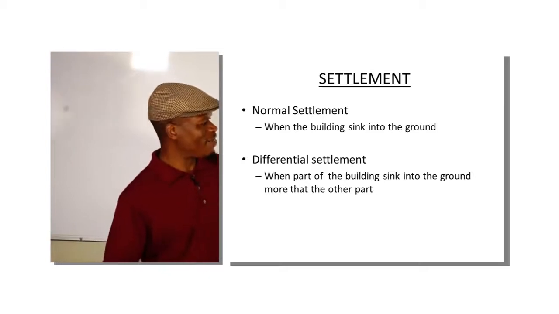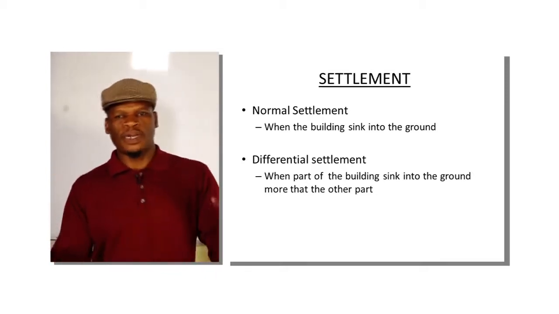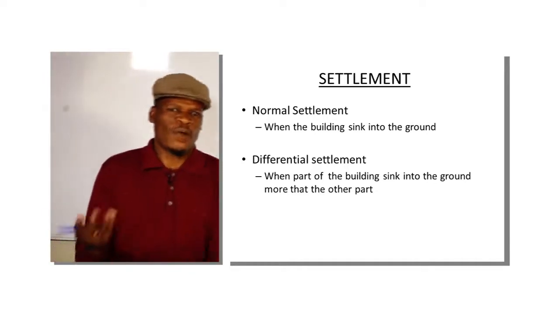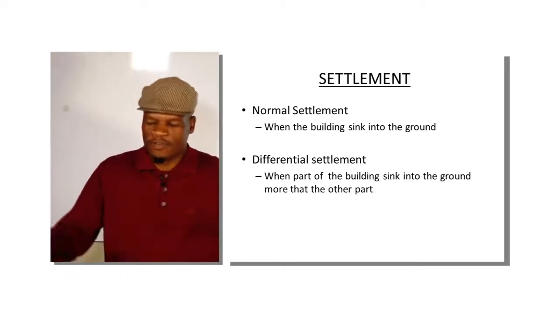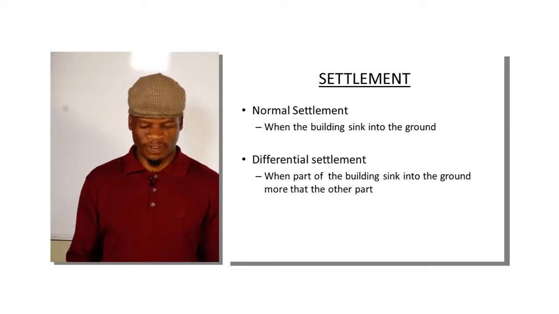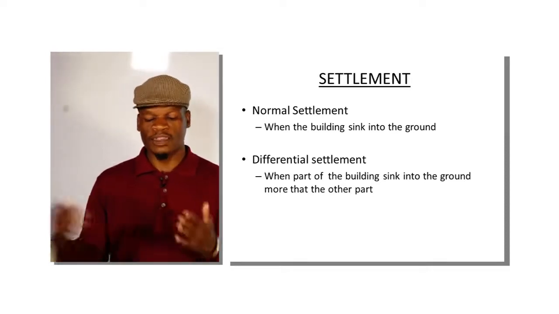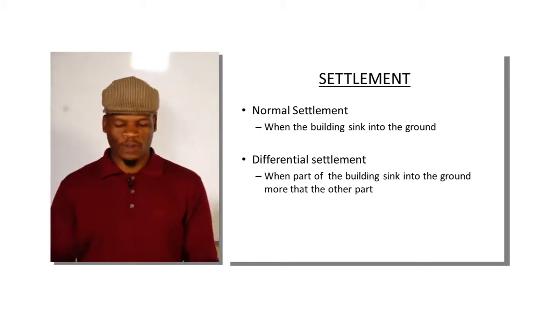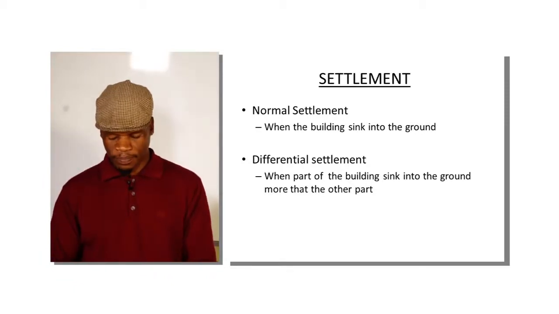Differential settlement is when one part of the building is sinking more compared to the other part. That might happen because the type of soil on the ground where the building was constructed was not exactly the same. If you have that problem, where there is weak soil, the soil is going to undergo a lot of compaction, and that is going to result in the structure collapsing.